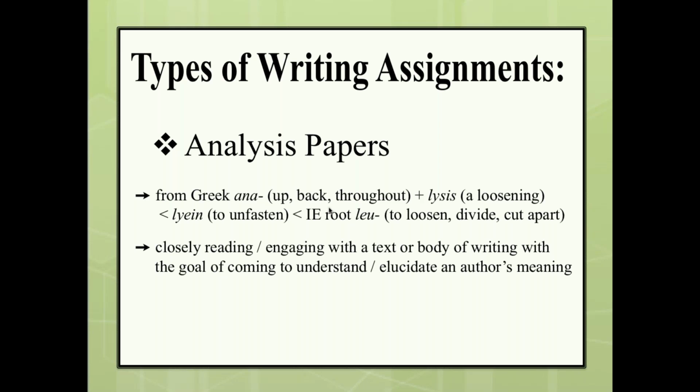This might be a course where you're focusing only on one author. You're not writing a research paper. You're not getting all kinds of other sources about a particular topic. You're focusing just on a single author, and you're really coming to engage that author.